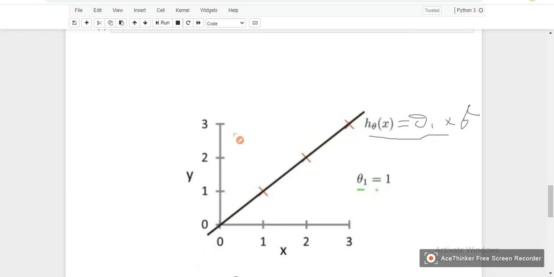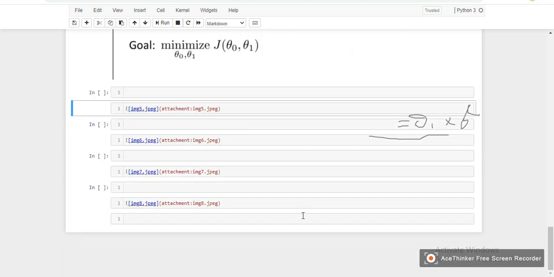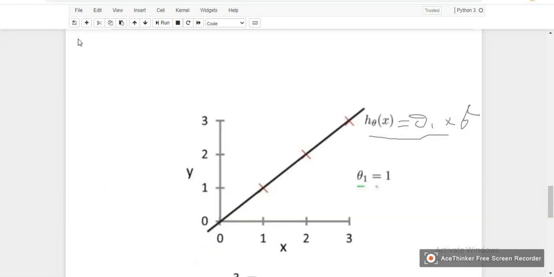Okay, let us take another case. So the cost of this model is almost equal to 0.